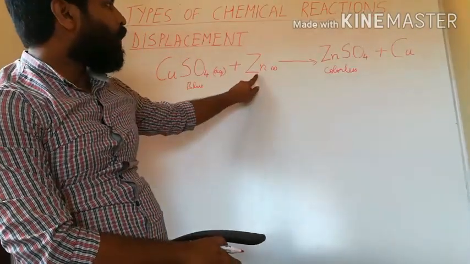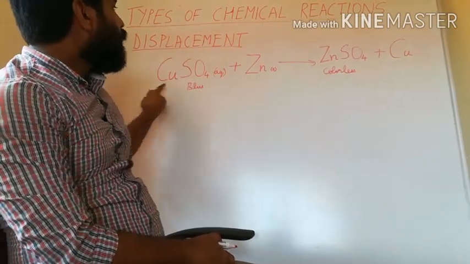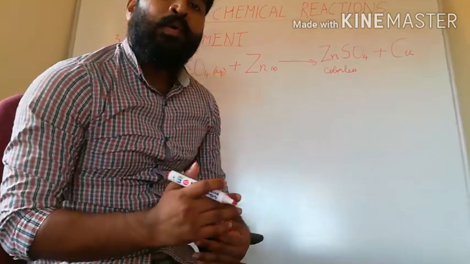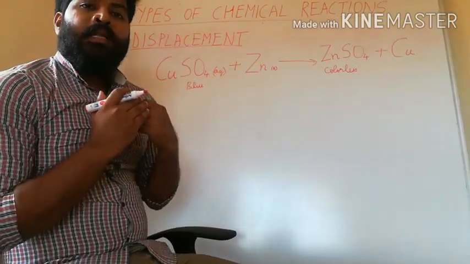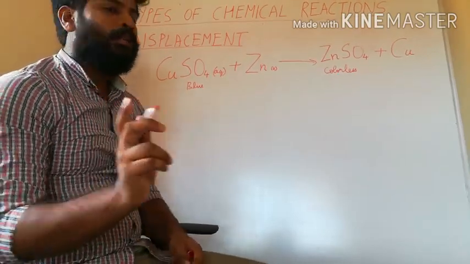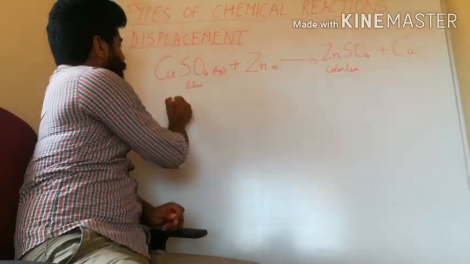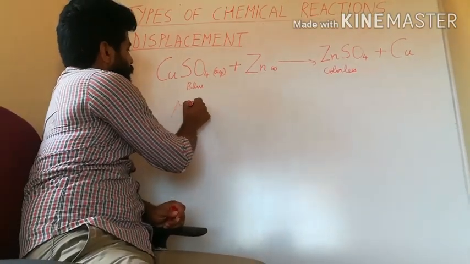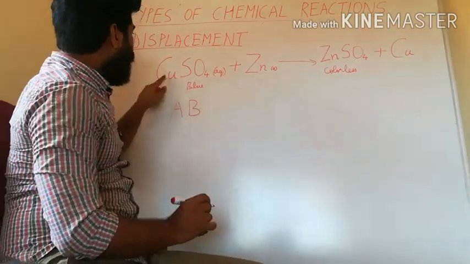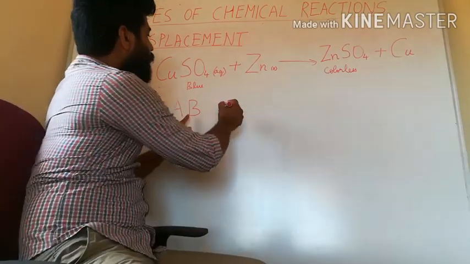A more reactive element displaces a less reactive element from the solution. If we have to represent a general form of displacement reaction, then we can represent it as, let us say, this is AB. Copper is A, sulfate is B. Together it forms a compound AB.